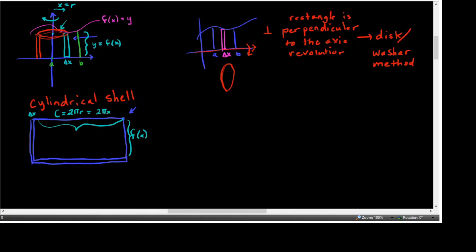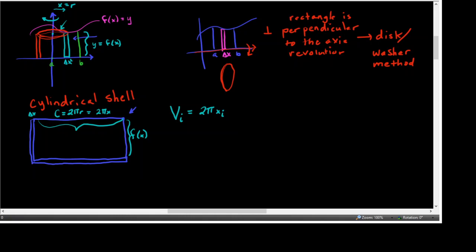So if we wanted the volume of one of these cylindrical shells, this is the ith volume, the volume of the ith rectangle revolved around there. It's going to be, for a rectangular prism, length times width times height. So the length is 2 pi times the particular x that's being used right then for that one shell.